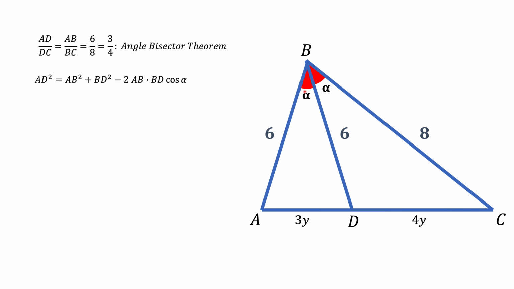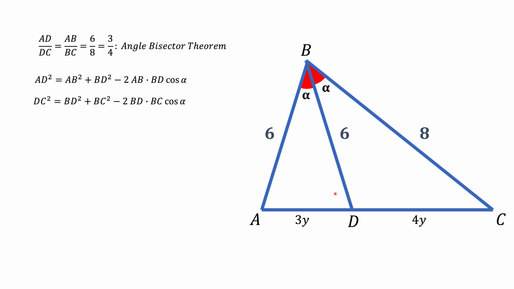In a similar manner, we can write law of cosines for the triangle DBC. Now notice, if you look at these three equations, we have three unknowns. We don't know AD, we don't know DC, and we don't know cosine alpha. And we can find them all from these three equations.